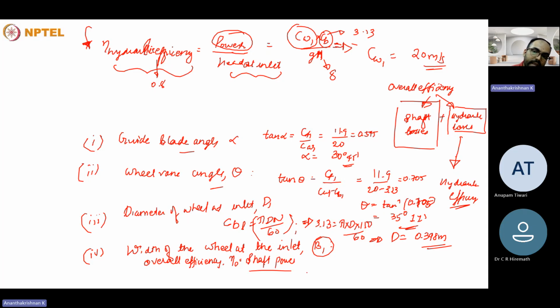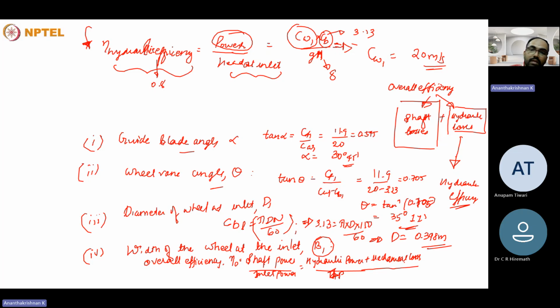That takes into account the mechanical losses, divided by the hydraulic power, the inlet power, water power. You know the head, you can calculate that straight away. Shaft power is hydraulic power minus mechanical losses, divided by the inlet power.